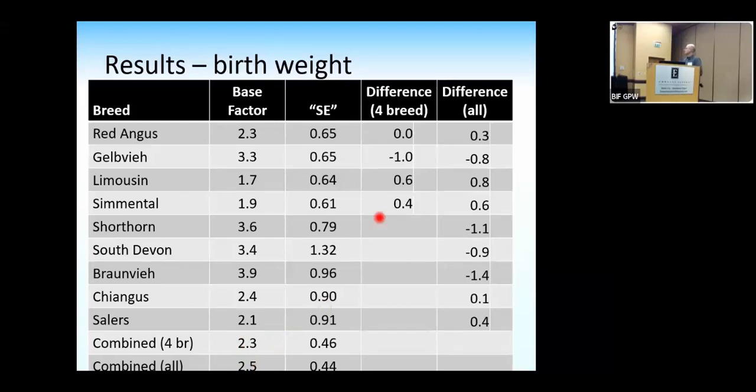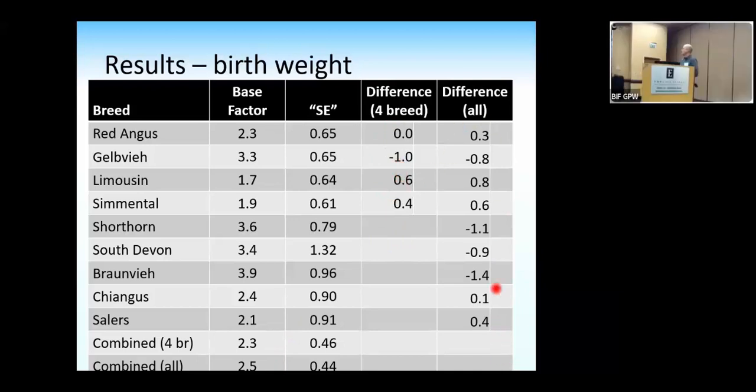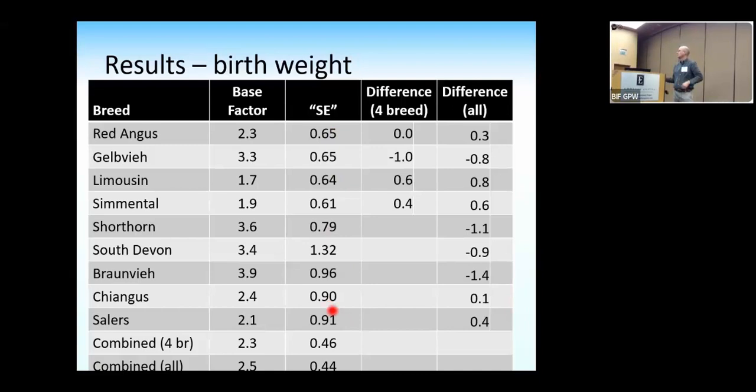And then this is just a look, if we're fitting the 4 breeds as a super breed or all 9 breeds as a super breed, what is the deviation of their own solution from the combined super breed adjustment factor, right? And that's the standard error in quotes of the birth weight solutions from the Animal Research Center.